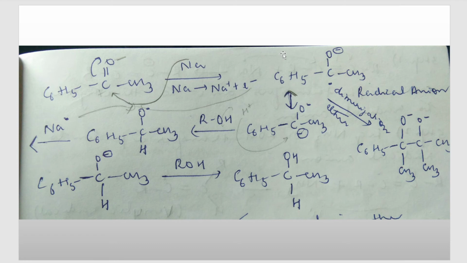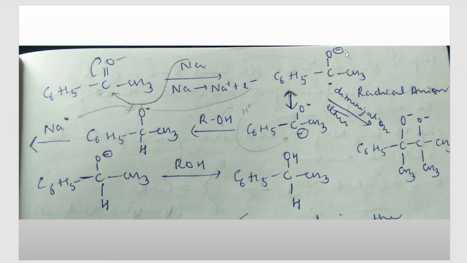Twice that step is repeated, where sodium is giving one electron and then the protic solvent is protonating the organic compound. So in case we are not doing this reaction in the presence of a protic solvent, or we do not have a proton donor, this can happen. That is the radical anion. This is called a radical anion because there is a minus charge here, correct?